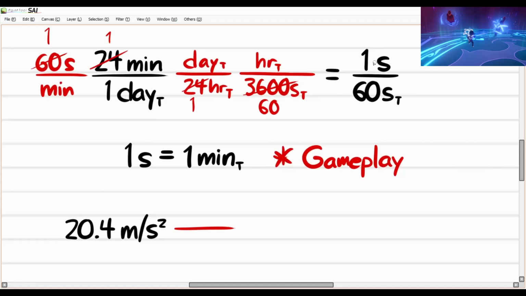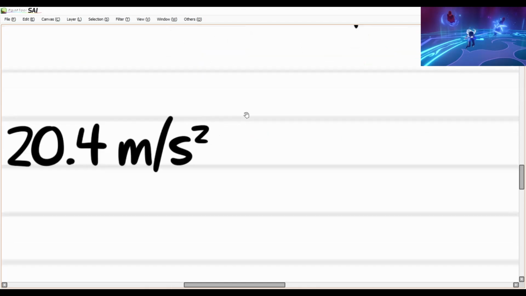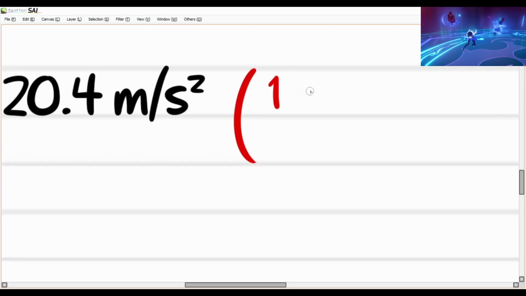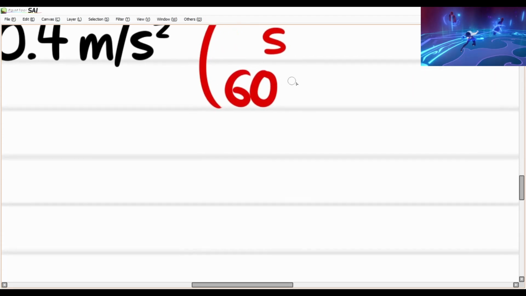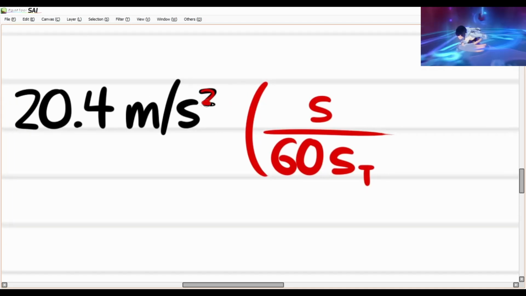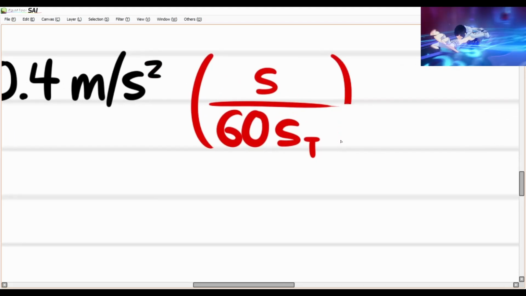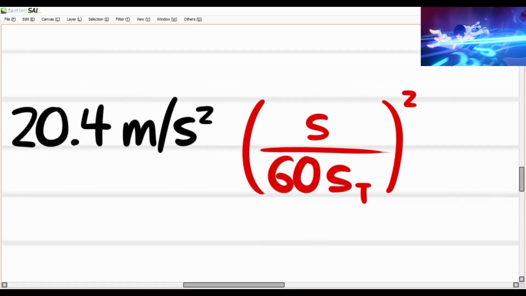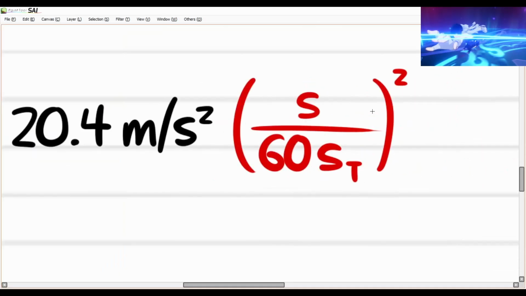So we have 1 real life second is 60 Teyvat seconds. But we also need to convert twice because we have the squared, so 60 like this.